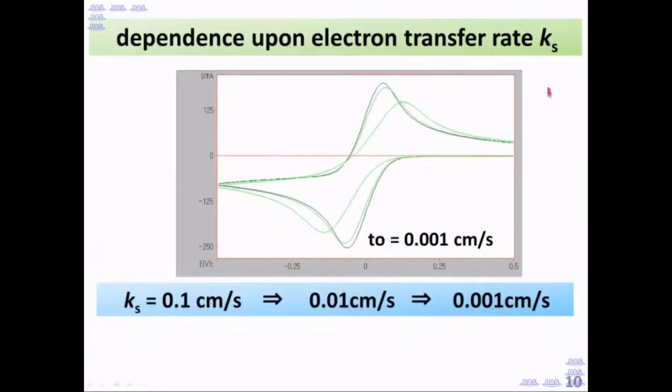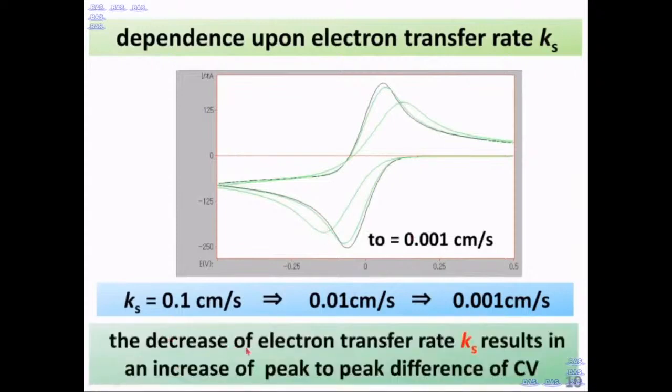The smaller the Ks, the bigger the difference. The decrease of electron transfer rate Ks results in an increase of peak-to-peak difference of CV. These are important points, the information obtained from CV measurement.